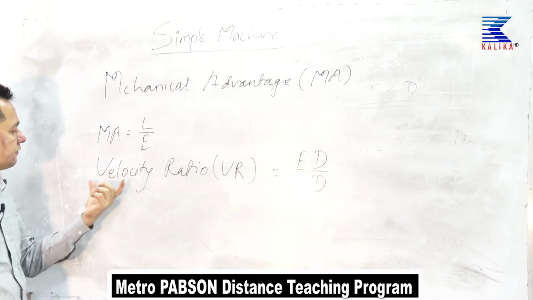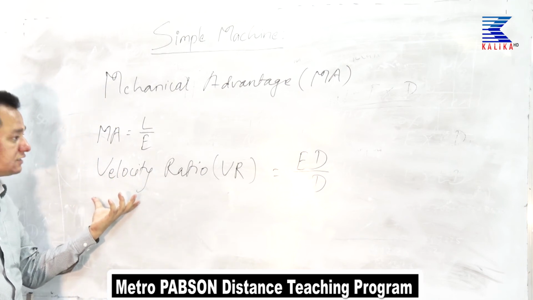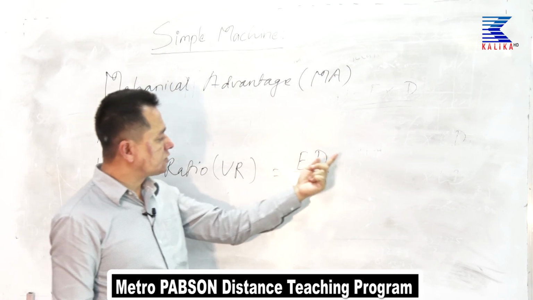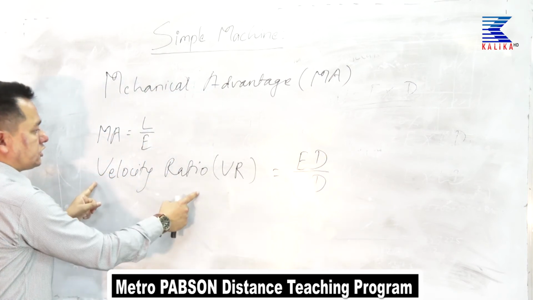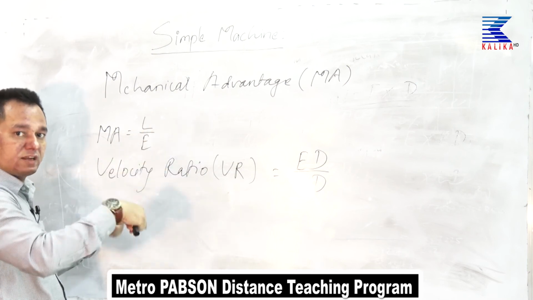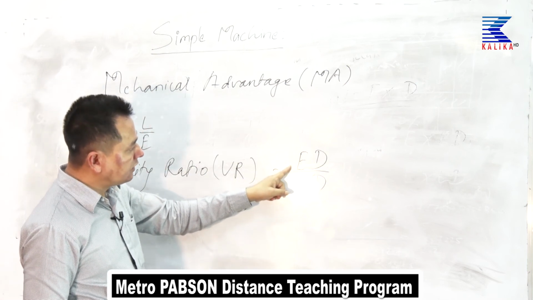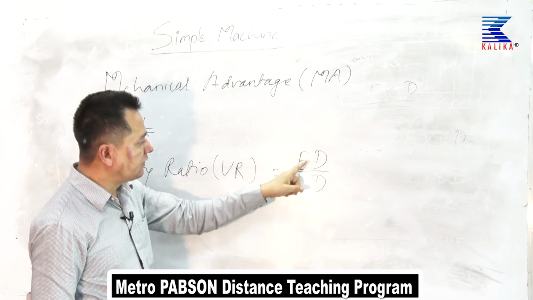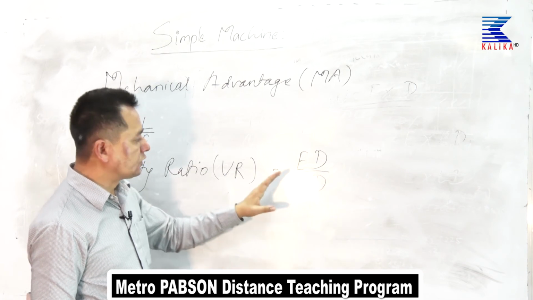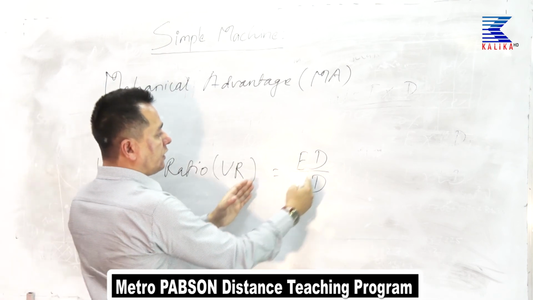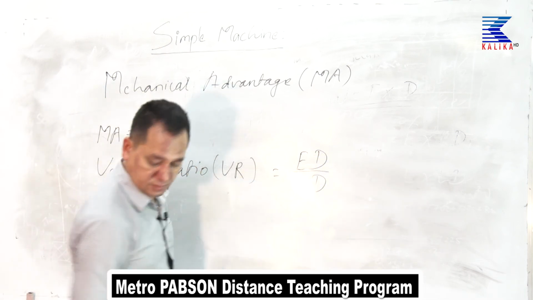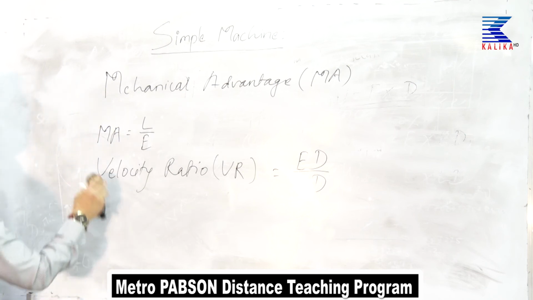We are saying velocity ratio, a ratio of velocities, but writing effort distance to load distance. How come? Velocity ratio should be the ratio of two velocities, but here we see the ratio of two distances, effort distance and load distance. So let me make it clear how velocity ratio equals effort distance to load distance.